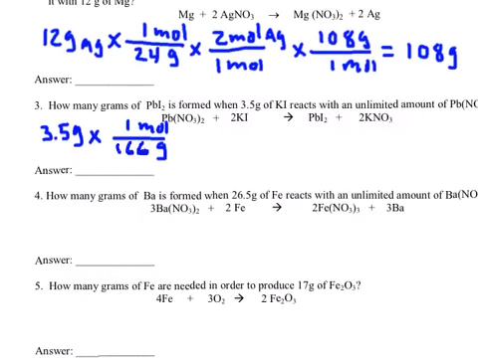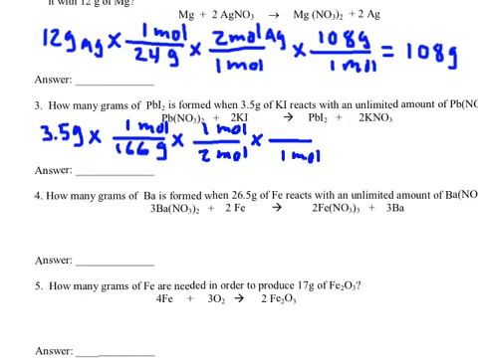And now I look at my balanced chemical equation and I say it takes 2 moles of KI to make 1 mole of PbI2. So it takes 2 moles of the reactant to make 1 mole of that product. Now I'm going to say 1 mole of PbI2 equals how many grams?